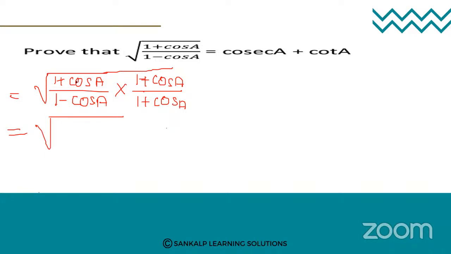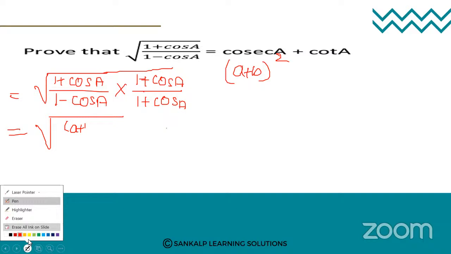Then what will you get? See, 1 plus cos A into 1 plus cos A. It is A plus B into A plus B, and that is A plus B whole square, right?